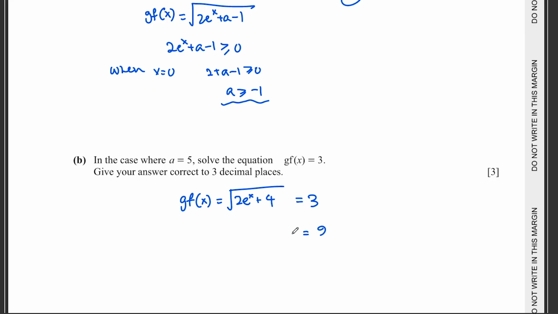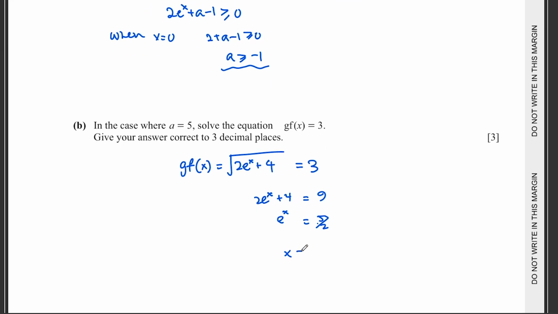We can solve it quite easily, just doing a few algebra steps. The answer wants to be given in 3 decimal places, so we can use the calculator here. So 0.916.